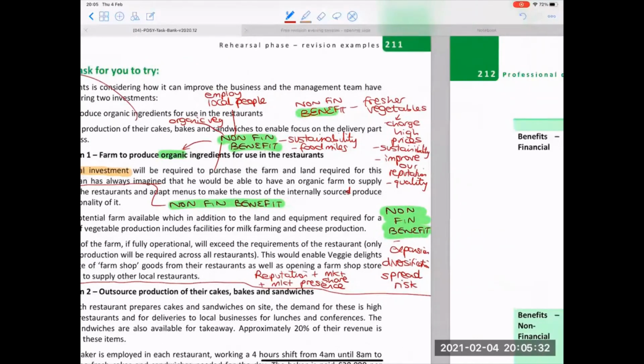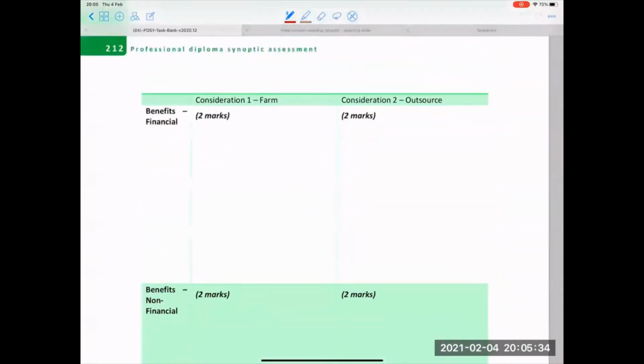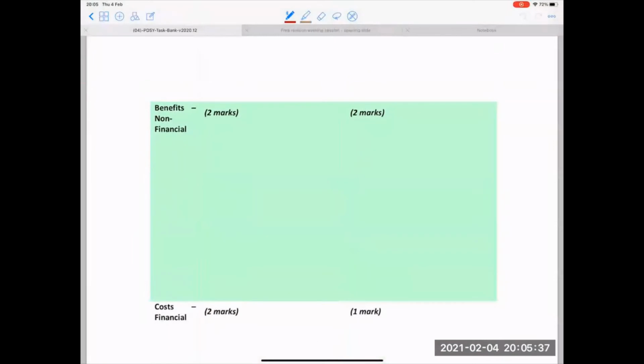So for example, let's pick one. A non-financial benefit of option 1. Let's write something here.